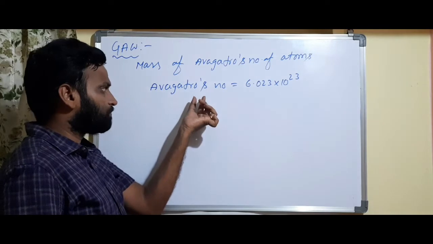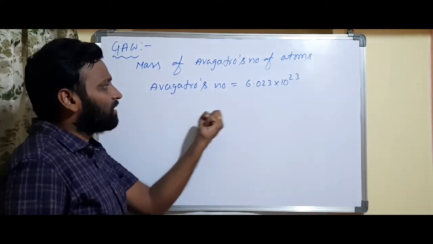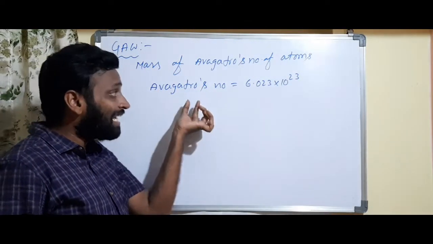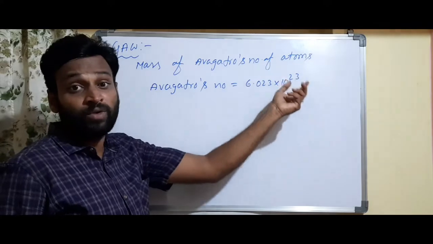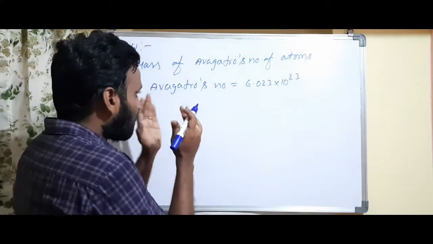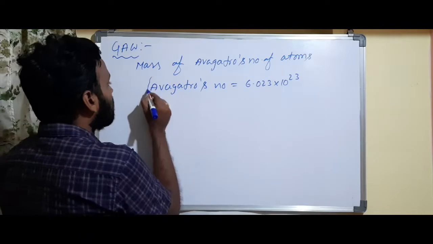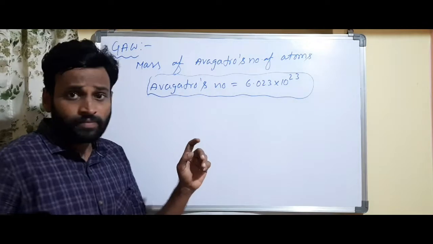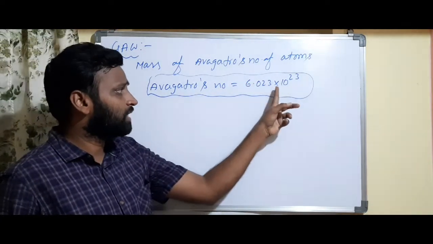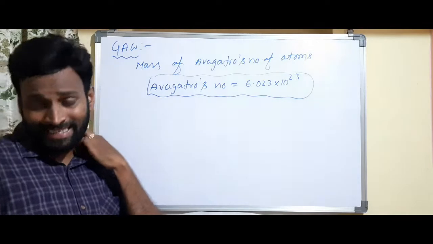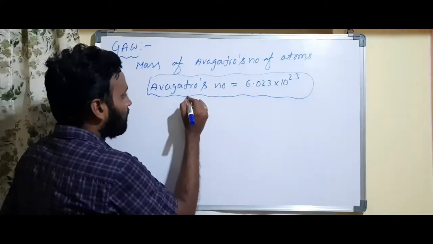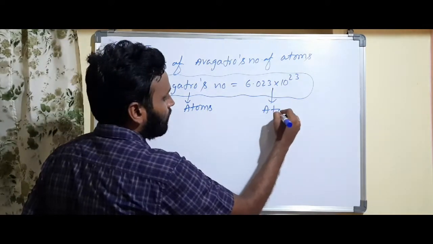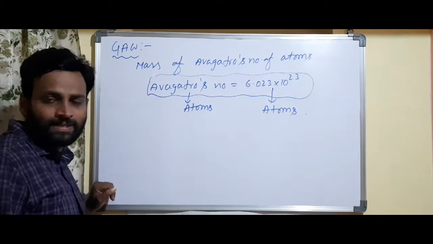Of cations, 6.023 into 10 power 23 cations. Of electrons, 6.023 into 10 power 23 electrons. So Avogadro's number is equal to 6.023 into 10 power 23.